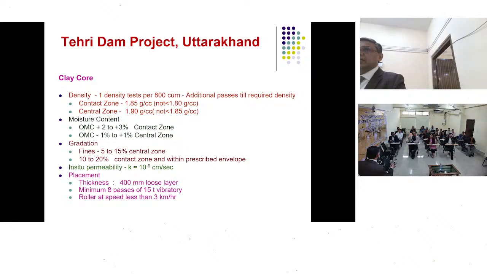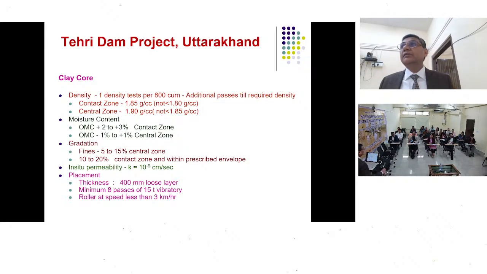There may be certain error, but in case it is more than that, you have to restrict it. But why are we trying to restrict the roller speed? Because in case we go for a higher roller speed, the impact of the compaction will not be adequate up to the full depth of the layer of the material.